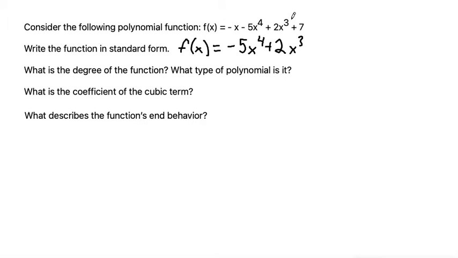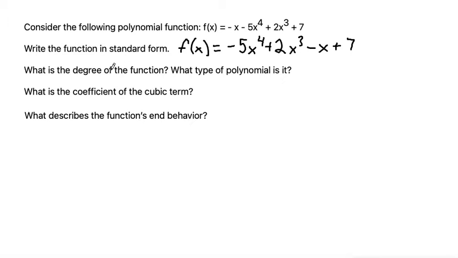We don't have a squared term, so we'll skip the squared term. And then x, if there's not a power written, we can assume it's an invisible 1. So the minus x would come next. And then the last term, which doesn't have an x in it, or 0 x's, would be plus 7. So that gets us into descending order of the powers.